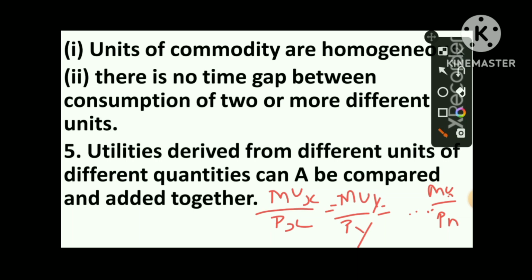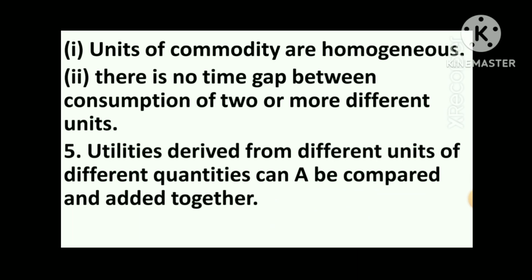This condition is also known as the law of equimarginal utility. So the utility derived from spending an additional unit of money must be equal for all the commodities.